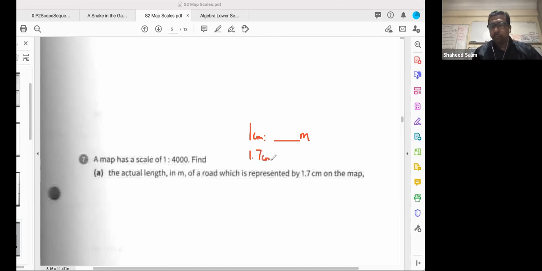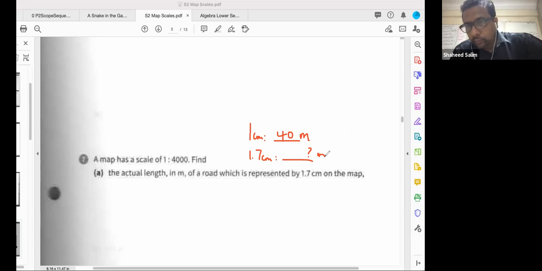One is to 40, good. Now we do the question. The question says 1.7 on the map, but how much in the real world? That's 68. Well done.